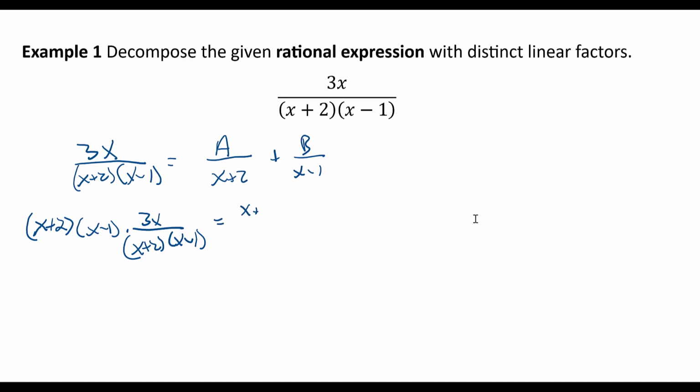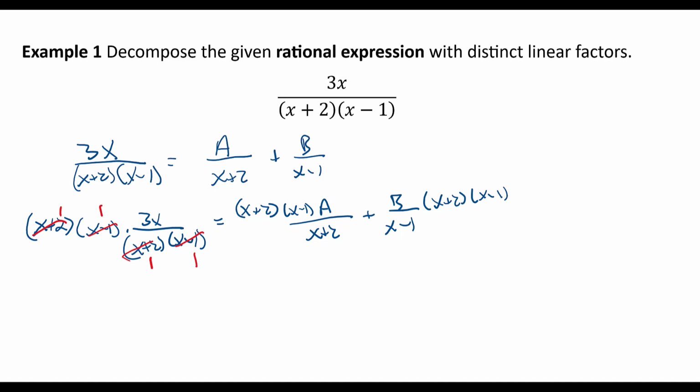Equals, we have x plus 2 times x minus 1 times A over x plus 2, plus B over x minus 1 times x plus 2 times x minus 1. And this has the effect of the x plus 2's dividing out, the x minus 1's dividing out, which is what we expect because we're multiplying to clear it, so we can get that 3x by itself.